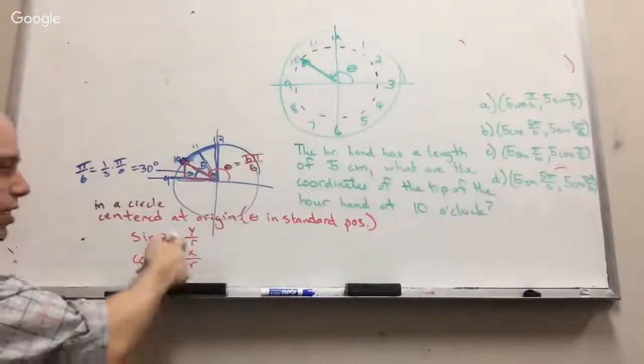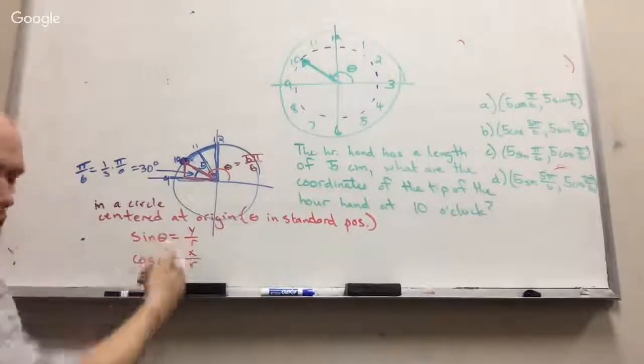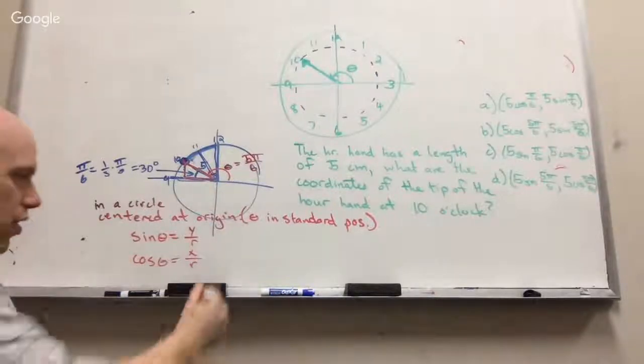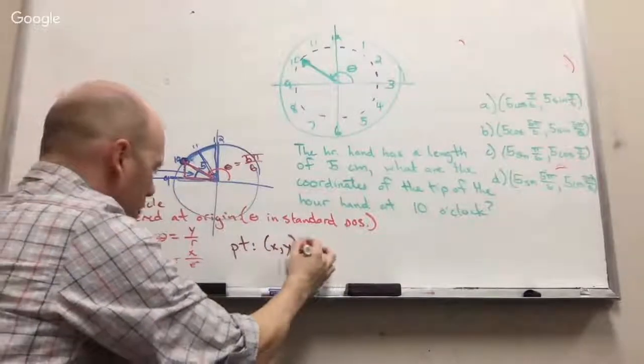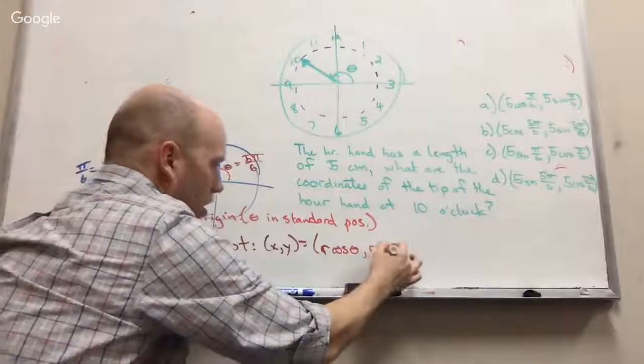This is why the x and y values are just cosine and sine on the unit circle, because there the radius is equal to 1. If you define them in the unit circle, you just have to use similarity to get these ideas. But we get to the point (x, y), which is r cosine theta, r sine theta.